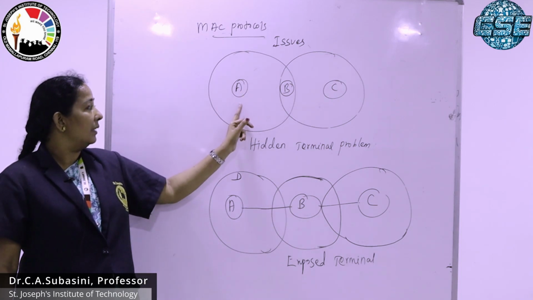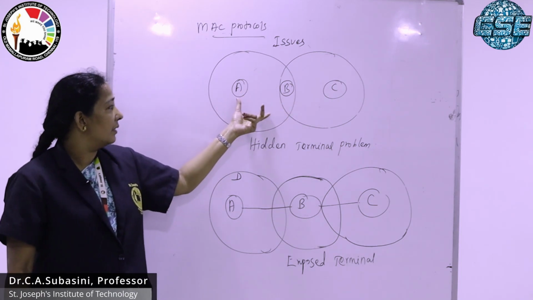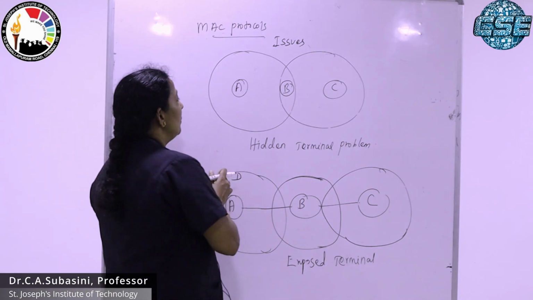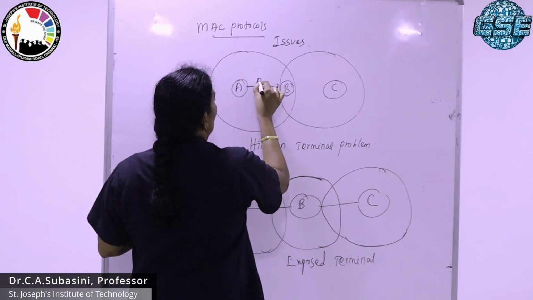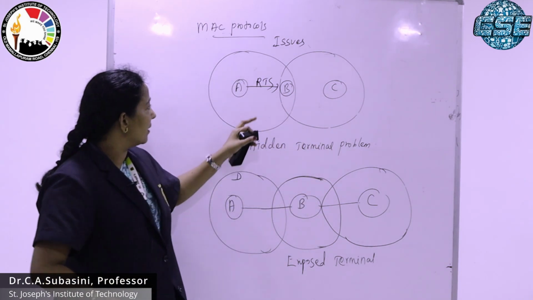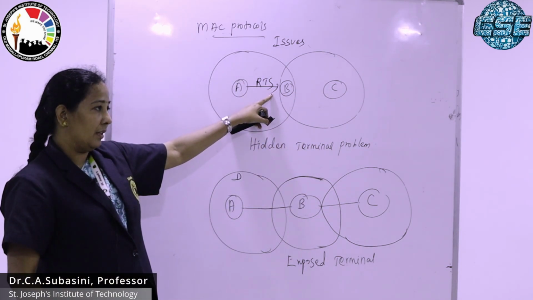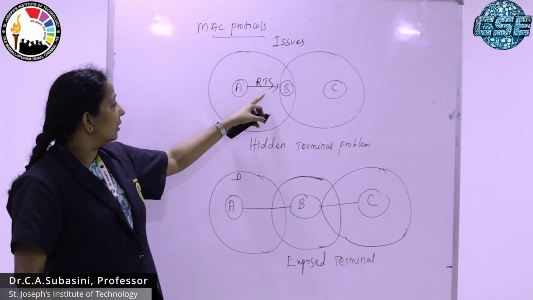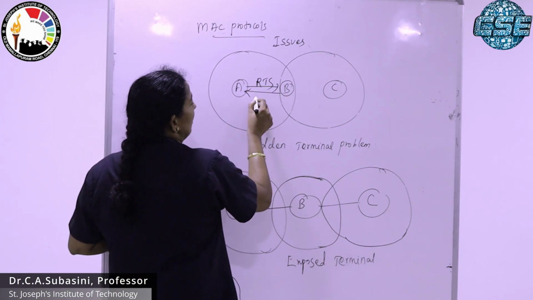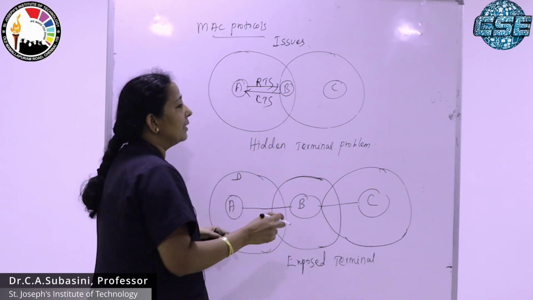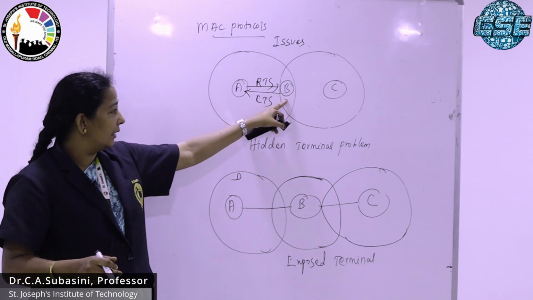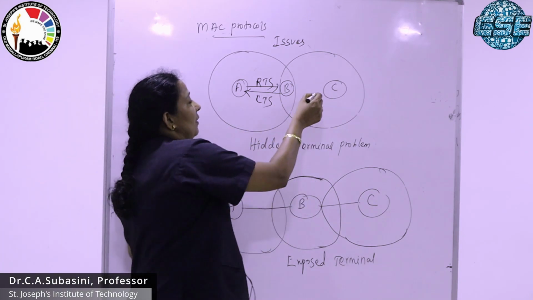Among nodes A, B and C, first A sends an RTS message, that is, a request to send message. B replies with a CTS message, that is, a clear to send message. After that, A sends the data to B. In that time, C will be waiting.